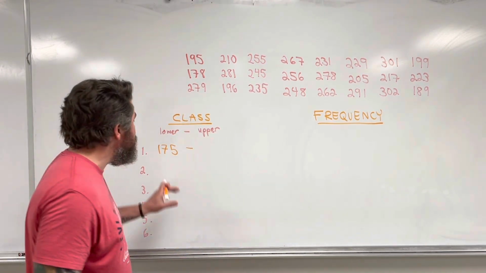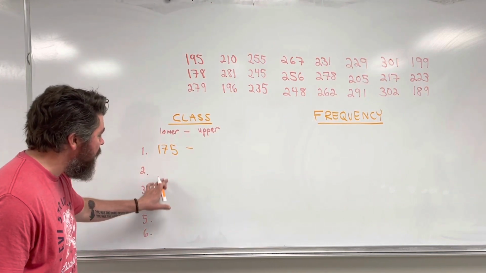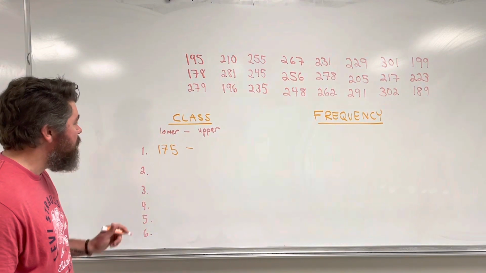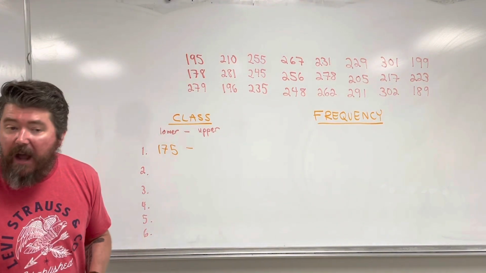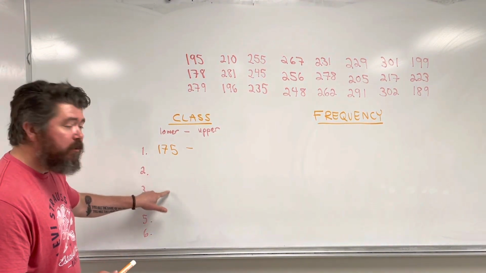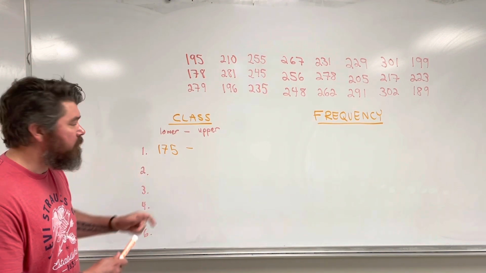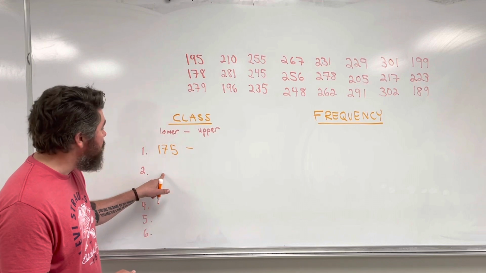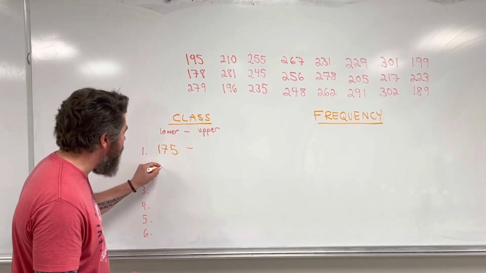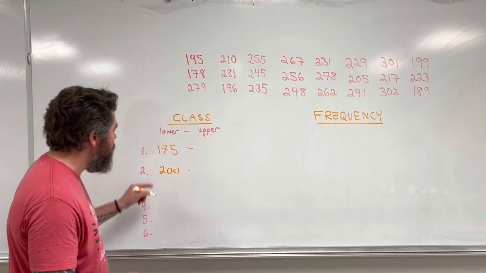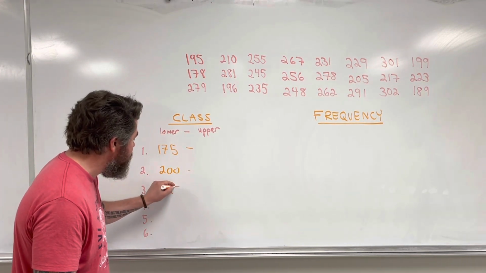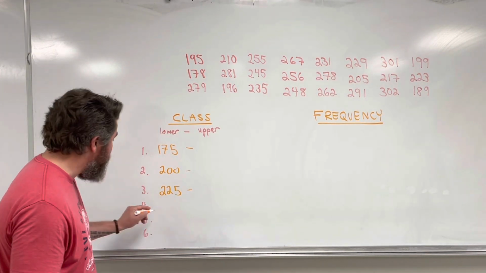I'm going to use that to obtain all of my remaining lower limits. To do so, I add 25 to each previous lower limit. So to get my lower limit for the second class, I add 25. So I get 200. To get my next lower limit, I add 25, to get 225.